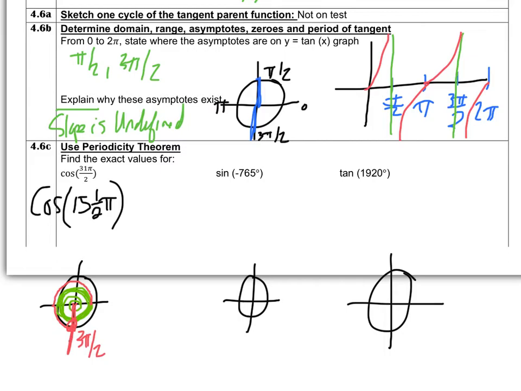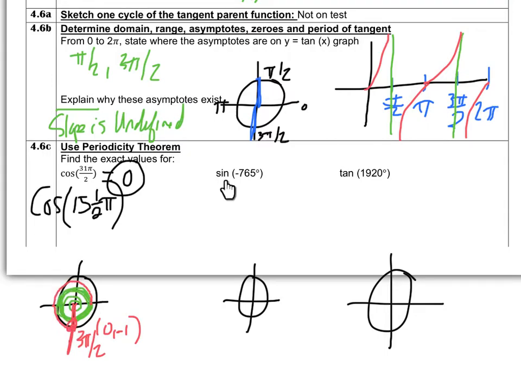This is the ordered pair 0, -1. The question is, what's cosine? It's right there. The answer here is going to be 0. Now, on that one, you realize we had to go around this circle a complete 7 rotations before we could start to do the red portion of the graph.